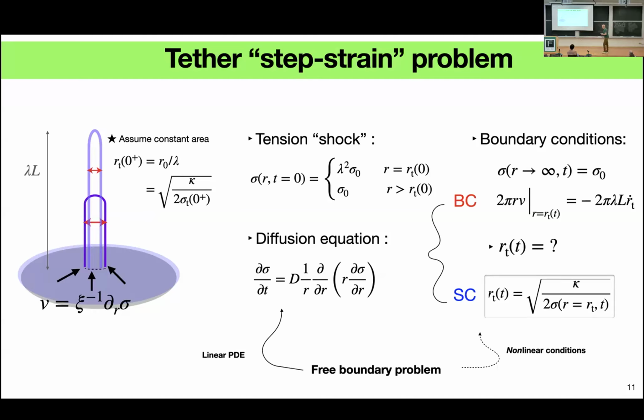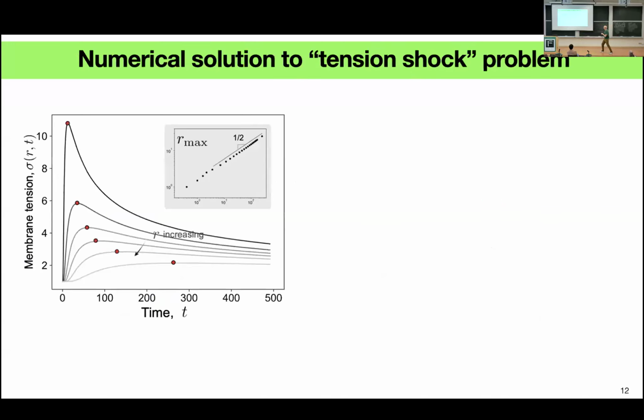Okay, so let's see how we can make progress on this system of equations. Numerically, we can solve it using a standard approach for Stefan type problems. What these curves show is the tension as a function of time at different positions measured from the center, from the axis of the tether.